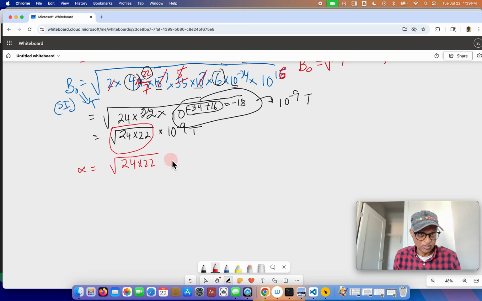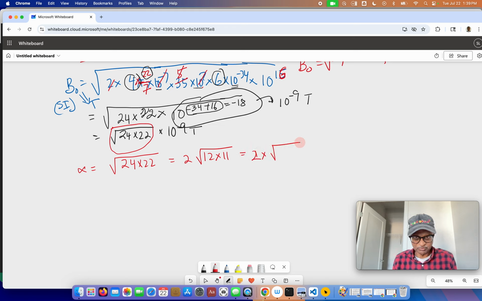You could say 2 will be common on both of them, so this is going to be 12 times 11, and now there is nothing common. So 12 times 11, 12 times square root of 120 plus 12 is 132.